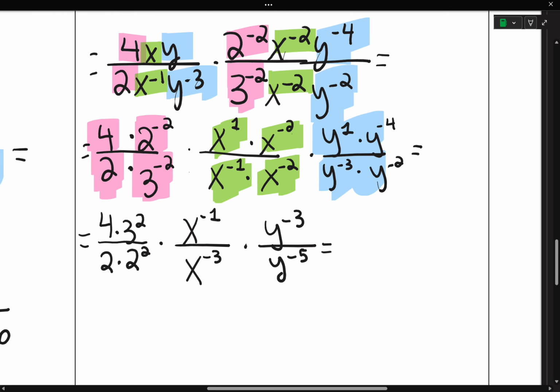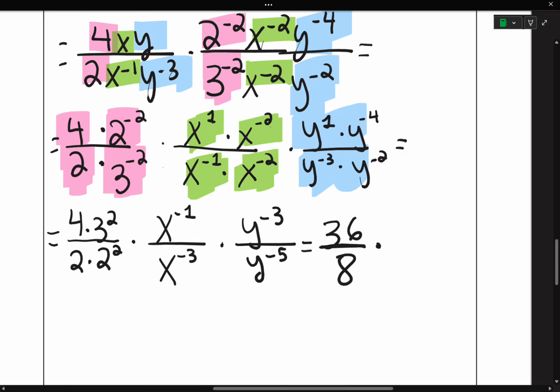Okay. Now let's start reducing. Let's divide. For the first fraction, I can finally multiply. 4 times 3 to the power of 2 is 36. 2 times 2 to the power of 2 is 8.